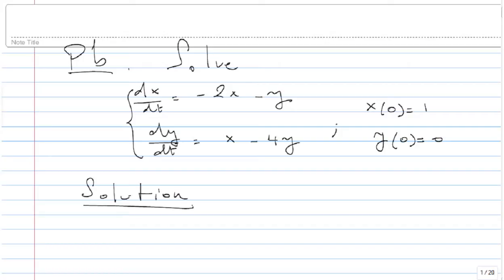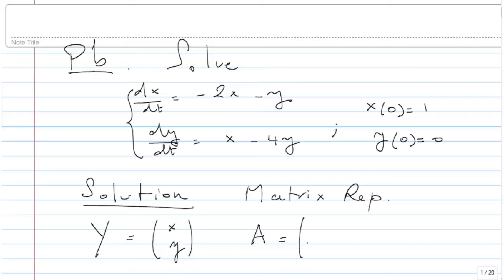First of all, let me rewrite this using matrix representation. We put capital Y equal to x of t, y of t. The coefficient matrix A, B, C, D equals minus 2, minus 1, 1, minus 4.